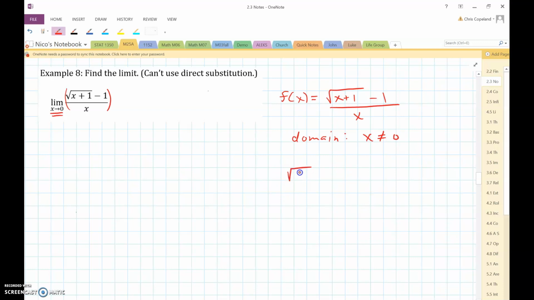Let's see if we can manipulate this function. So if you look at x plus the square root of x plus 1 minus 1, all over x, we could multiply the numerator and the denominator by the conjugate. Hopefully you remember conjugate from college algebra.